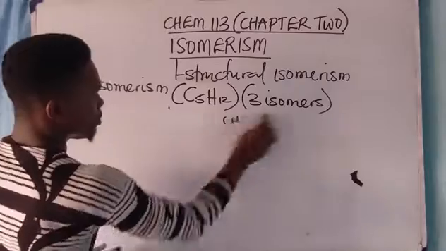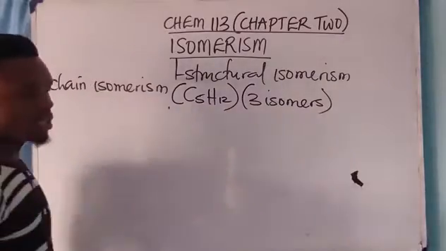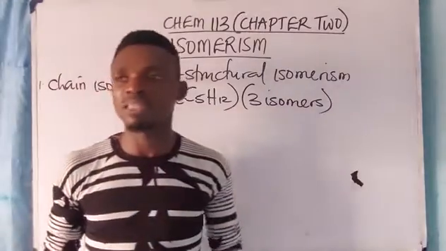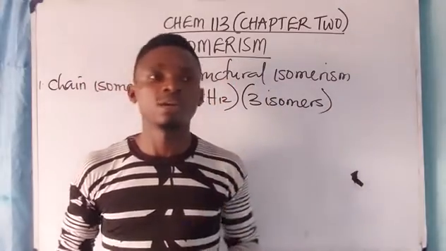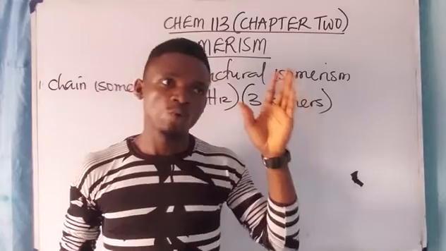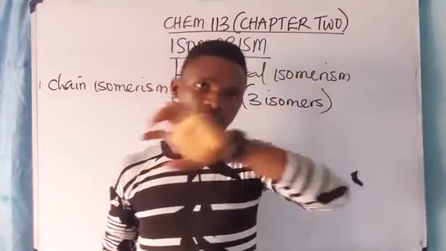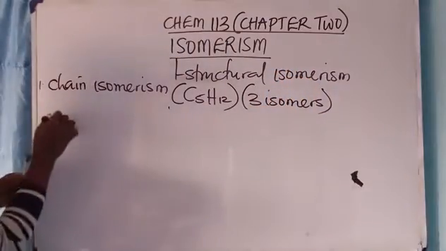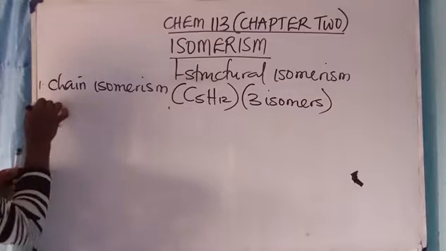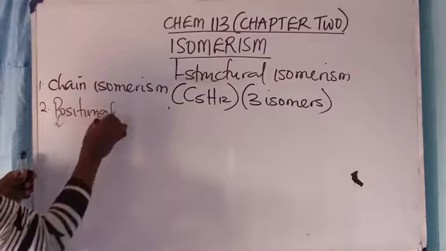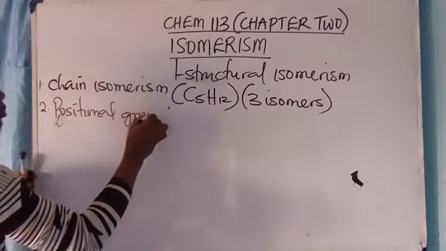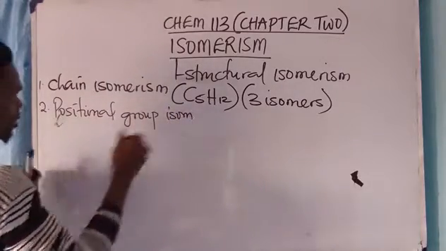The positional group isomerism. In this type of isomerism, it has to do with the position of the functional group of a particular homologous series. For example, if I have 3 carbon atoms, let me write it. Positional group isomerism.